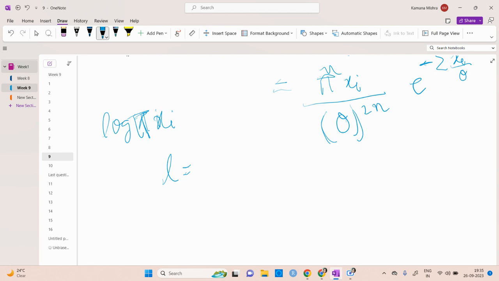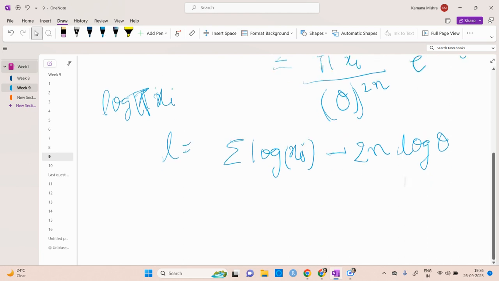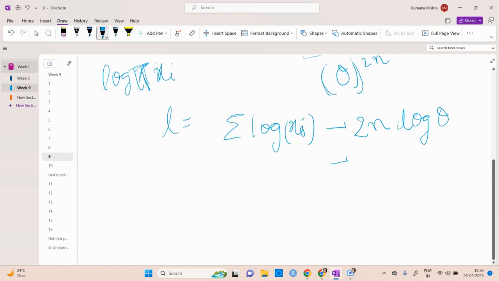So it will be summation log xi, right? Now this is in the denominator, power is 2n, so it will be 2n log θ. And then its log e will be 1. So this will be minus summation xi by θ, right?